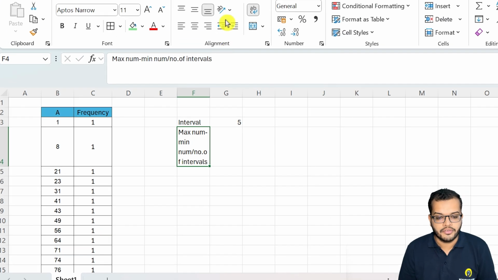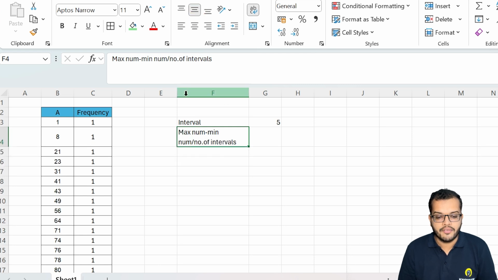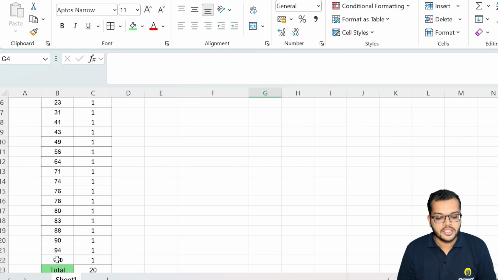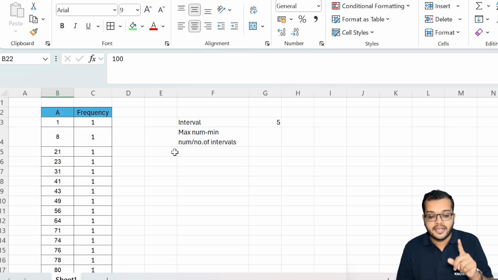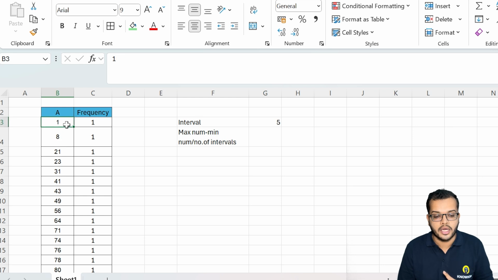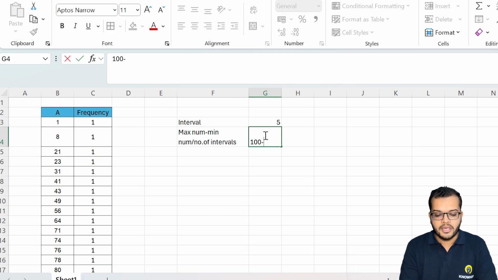Let me write the formula down so that it will be helpful. The maximum number is the highest number that I have, which is 100. So it is 100 minus the minimum number, 1, divided by 5, the number of intervals.